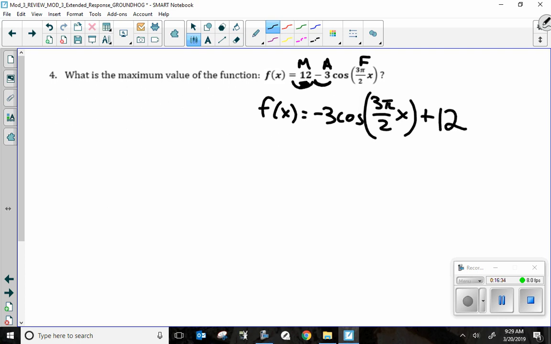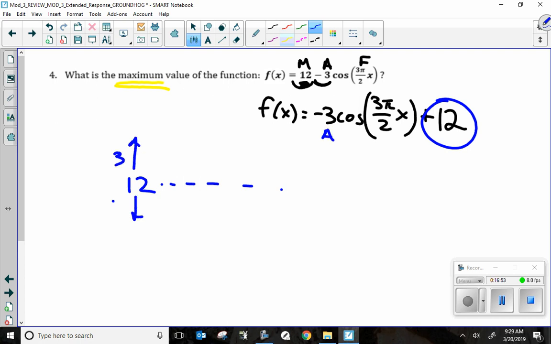Okay? Now, when they talk about the maximum value, they're talking about the high point. So how do I figure out the high point? I figure out what my midline is. The middle of my graph is going to be at 12, right? My amplitude is 3. That means I'm going up 3 and down 3. So I'm ultimately going to have a low point of 9 and a high point of 15.